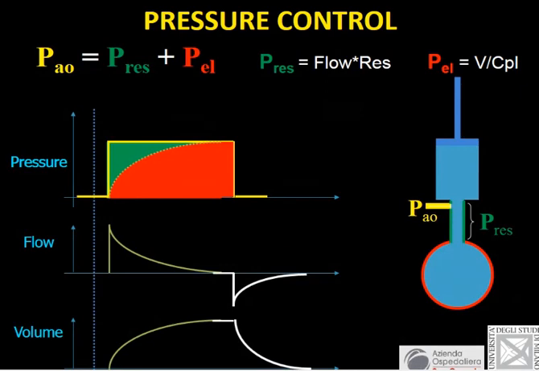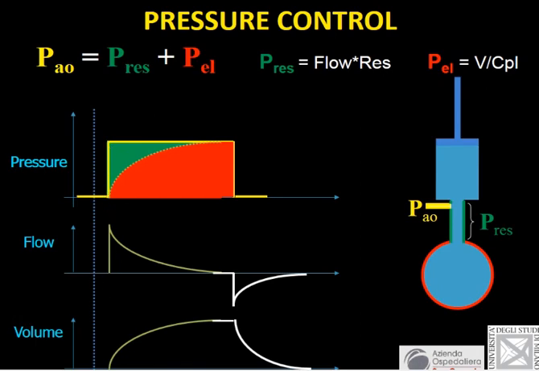Again, the system is exactly the same. The sum of the airway pressure is still the sum of the resistive and the elastic pressure. The difference is that now the airway pressure immediately jumps up to the desired pressure, let's say 20 centimeters of water. In order to do this, the ventilator will deliver a very high peak flow to achieve the desired inspiratory pressure.